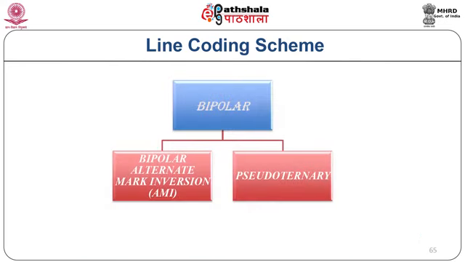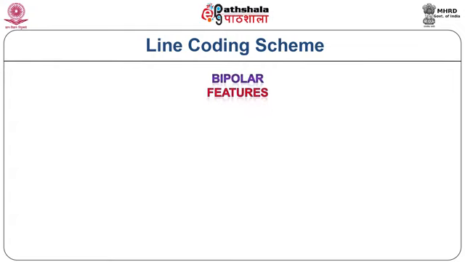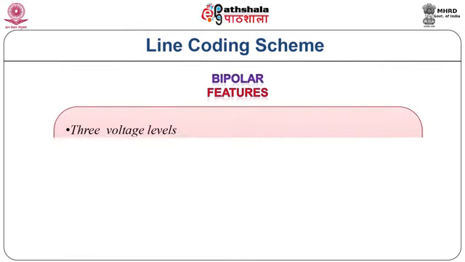Now, moving our focus to the bipolar encoding scheme, we shall discuss two types of bipolar techniques: AMI, which stands for alternate mark inversion, and pseudo-ternary encoding. Let us understand the basic features of bipolar encoding. Here, three voltage levels, positive, negative, and ground, are used to represent logic states.